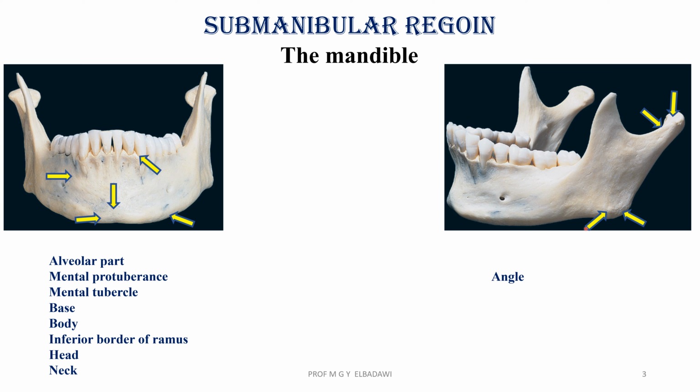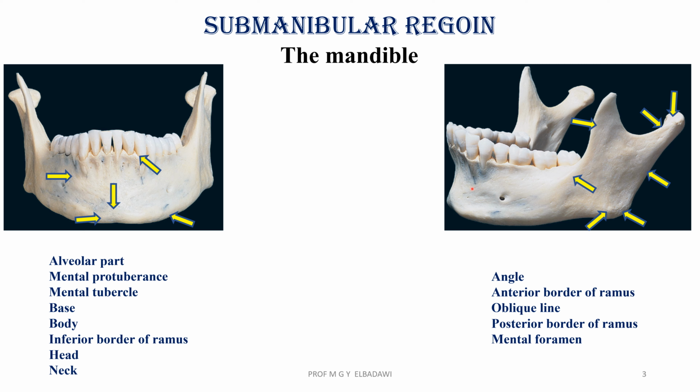That is the angle of the mandible, the meeting between the posterior border of the ramus and the base of the mandible. That is the anterior border of the ramus, which continues in the body by forming the oblique line of the mandible, which we have seen giving origin to the buccinator muscle. And here is the posterior border of the ramus.